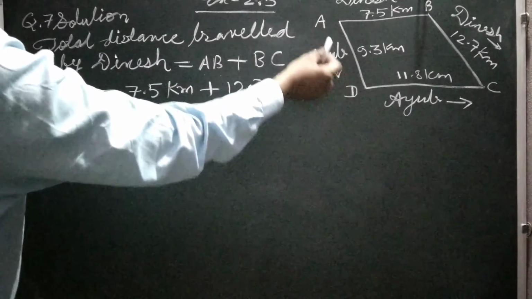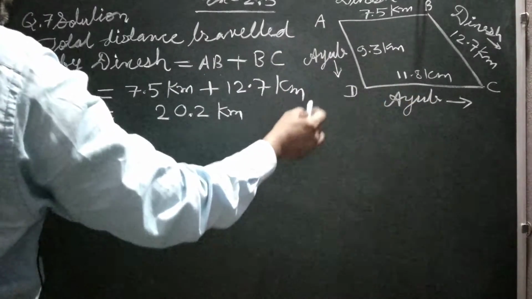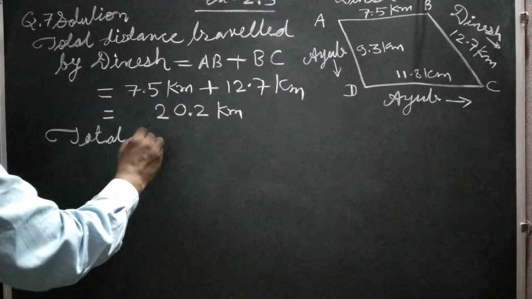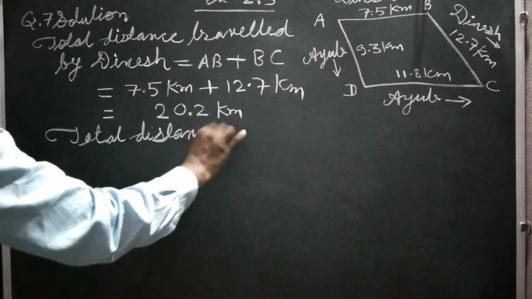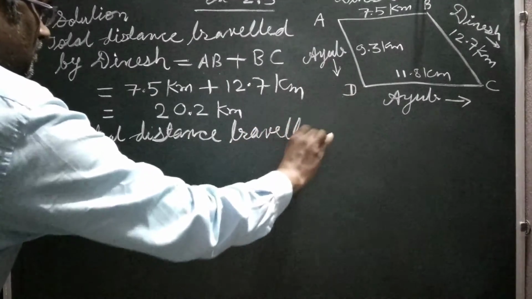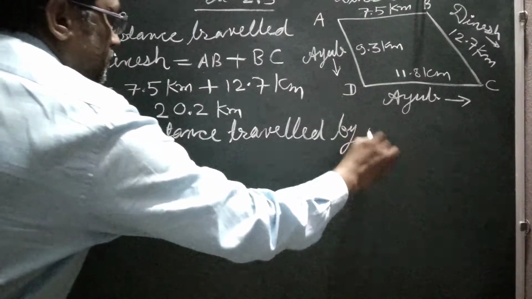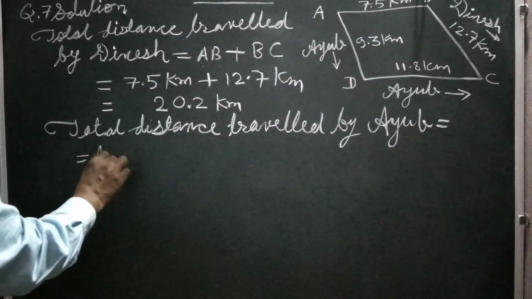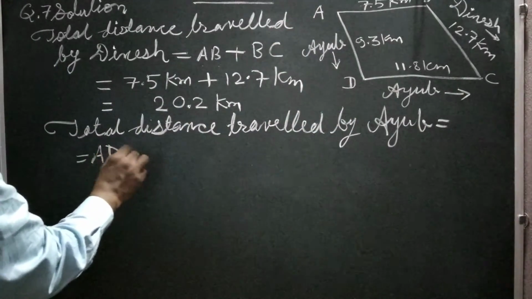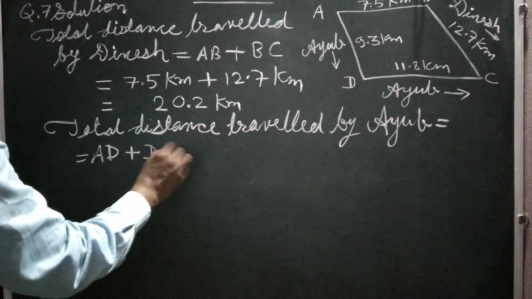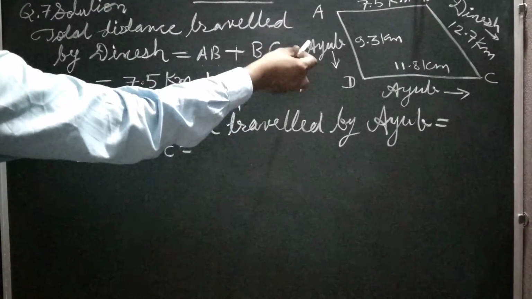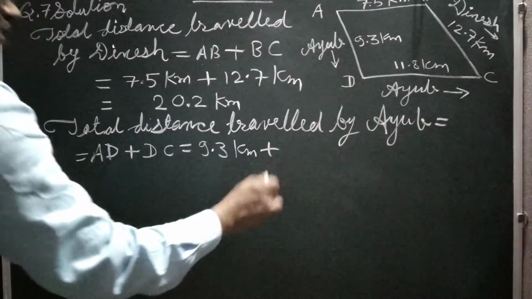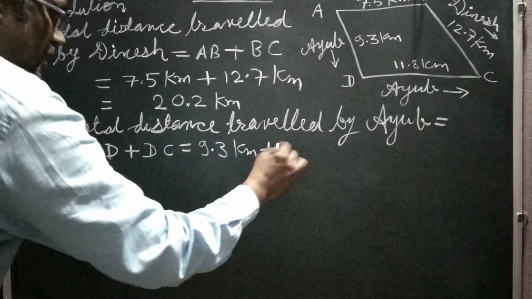Now the path of Ayub is A to D and D to C. So we will write total distance traveled by Ayub is equal to A to D plus D to C. We are seeing from this figure the distance between A to D is 9.3 km plus the distance between D to C is 11.8 km.